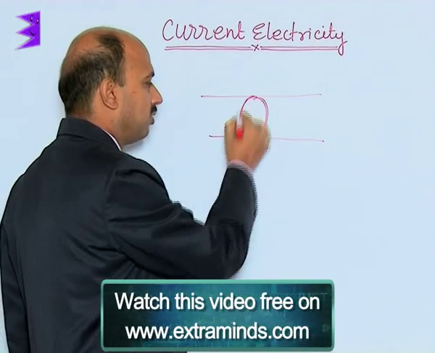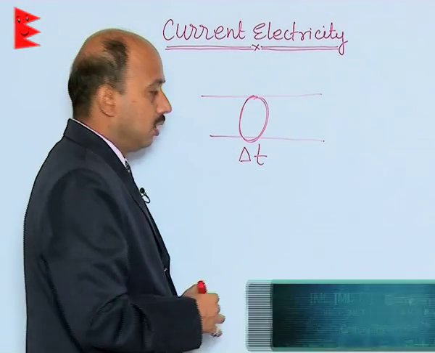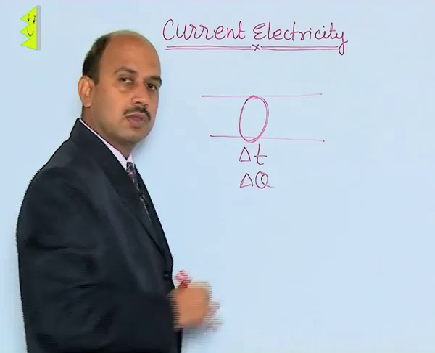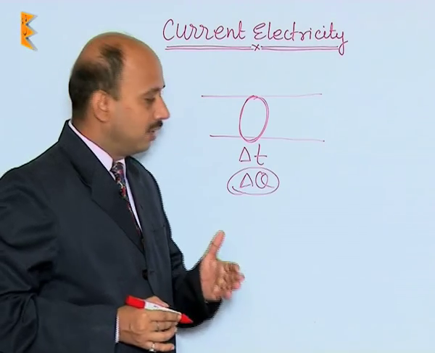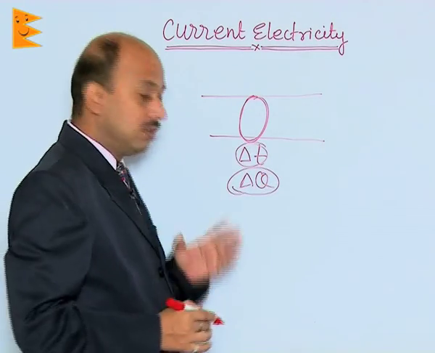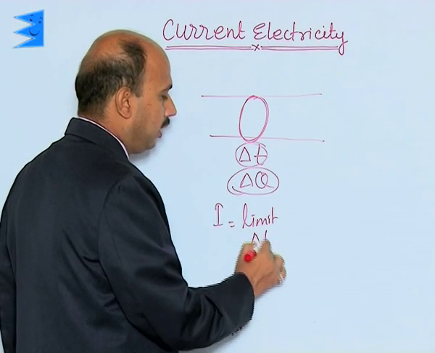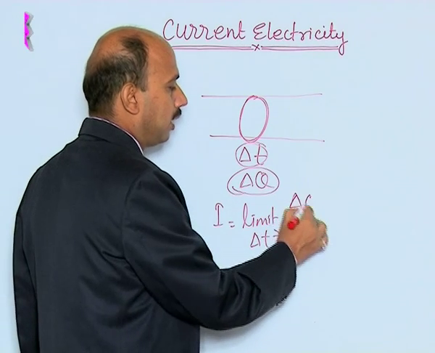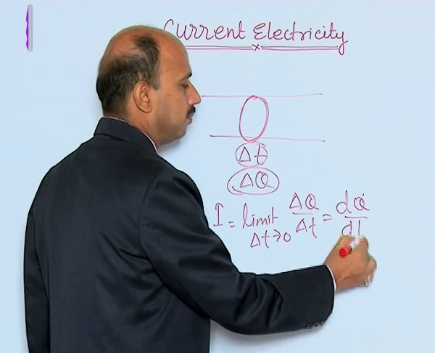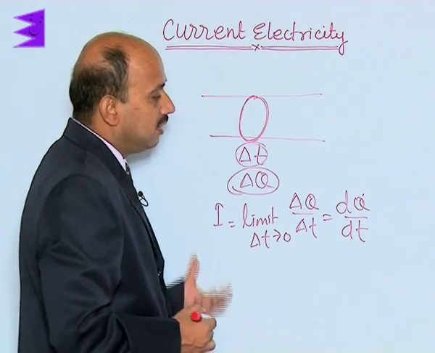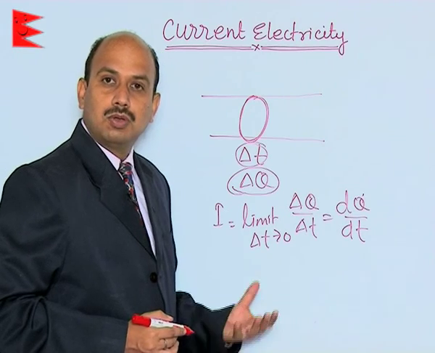Suppose through this area of cross section, charge delta q flows in the time interval delta t. Then we can define I is equal to the limit as delta t tends to 0 of delta q upon delta t, and that can be written as dq upon dt. It means in this case electric current is the first derivative of the charge with respect to time.